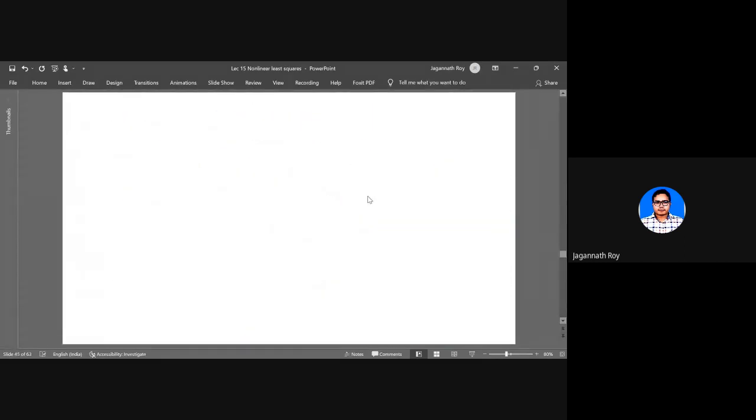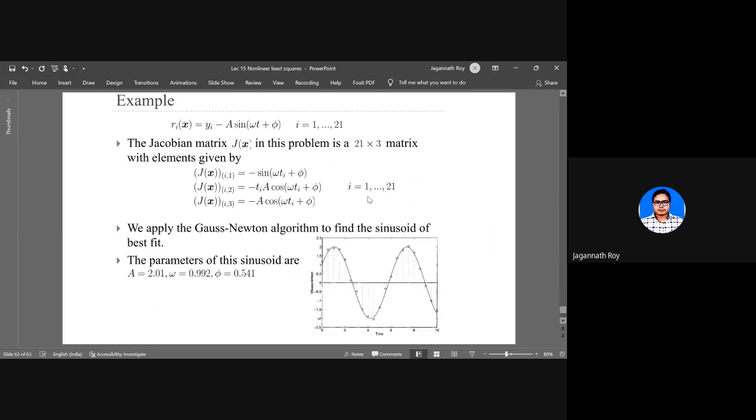Now, if you try to look at the example that we have started, these are 21 values, i equals to, and these particular values are given.